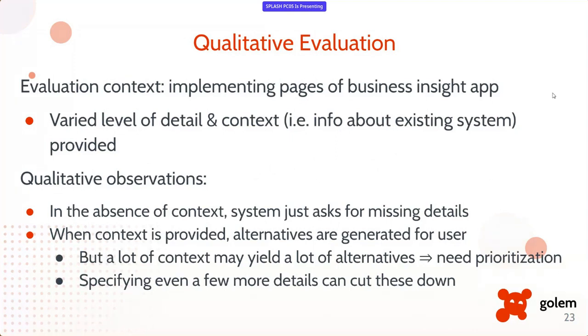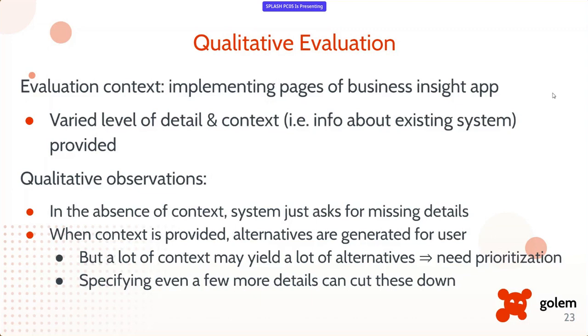So in the absence of context, the system basically just asks for the missing details. It's pretty straightforward. You can see it's kind of what we showed, but you can see in the paper some more examples of those kinds of queries and the results. If there's some context provided, like there's existing tables in the database, then we can generate alternatives for the user.